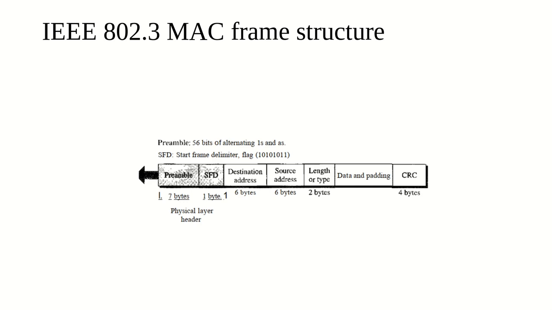Then start frame delimiter, SFD, destination address, source address, length or type, data and padding, CRC. The original standard used this field as a type field to define the upper layer protocol using the MAC frame. The data field carries data encapsulated from upper layer protocols. So these are the fields in the MAC frame structure.